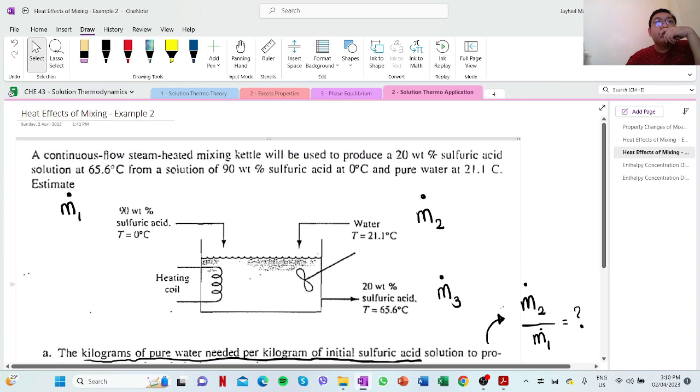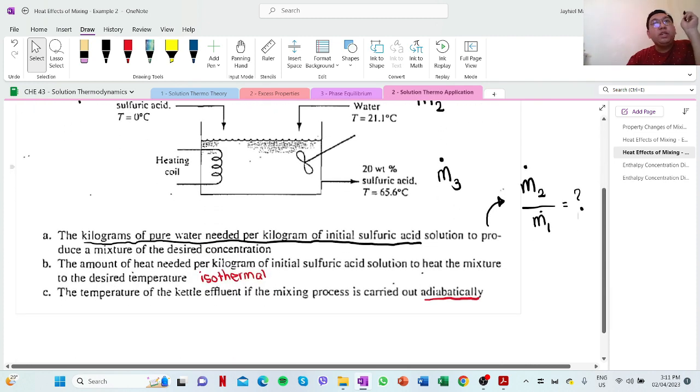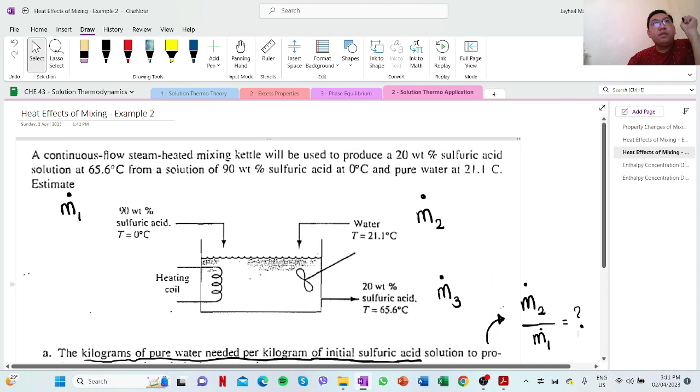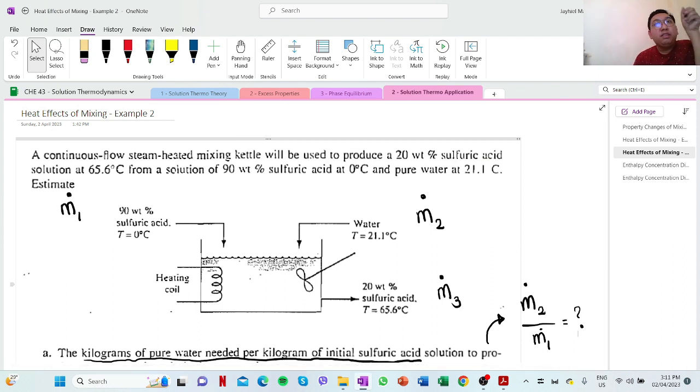Actually, I'm planning to solve this one without preparation, this is really a very raw recording. So I'll just solve it spontaneously.